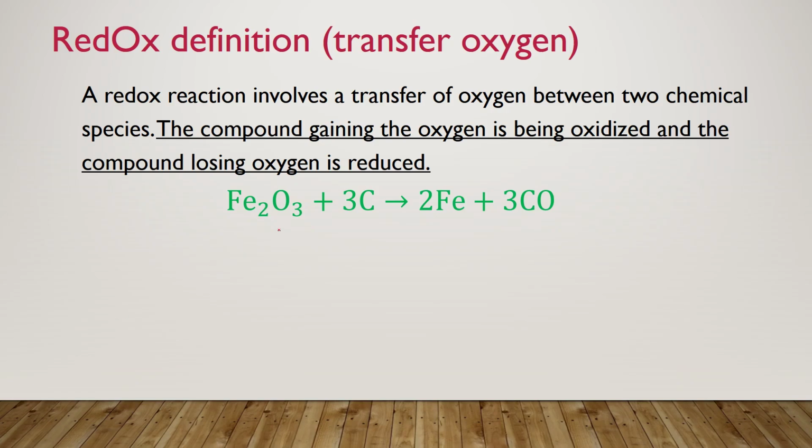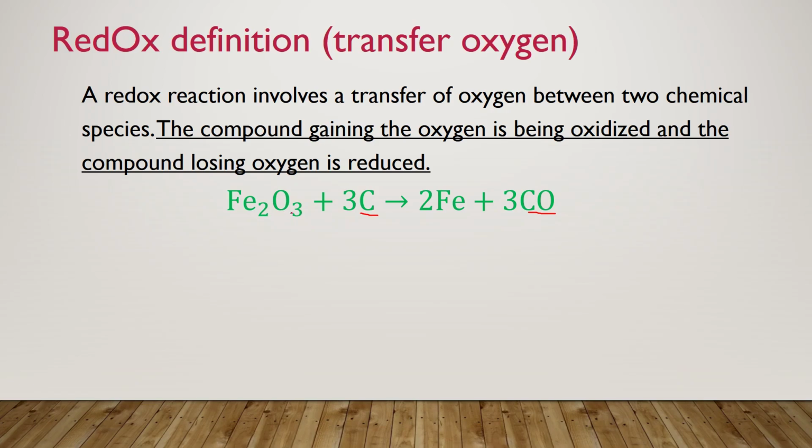Okay, so we can see that iron oxide has the oxygen to begin with, and the carbon species, pure carbon, starts without the oxygen. So we're going to start with the carbon, as always, and we can see that carbon has gone from carbon to carbon monoxide. We're just following that single carbon atom. So we can see that that single carbon atom has gained an oxygen atom through this reaction.